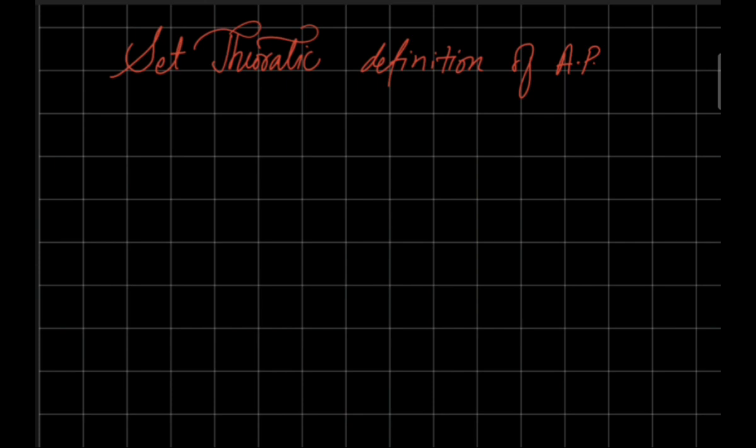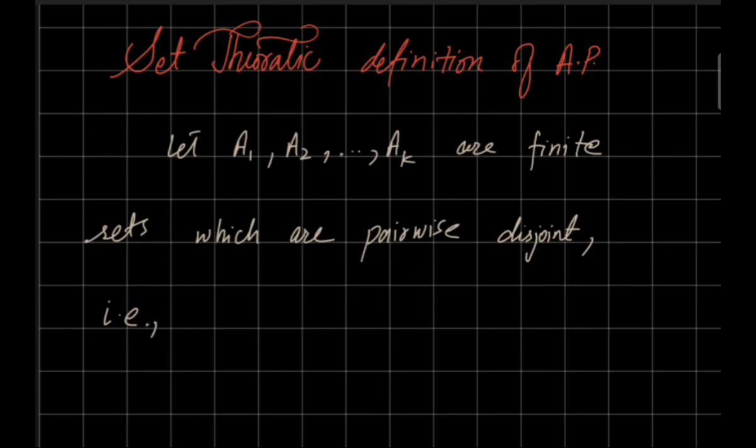The addition principle can also be described in set theory in this way. Let A1, A2 up to Ak be finite sets which are pairwise disjoint. This means that Ai intersection Aj is empty for all i not equal to j.